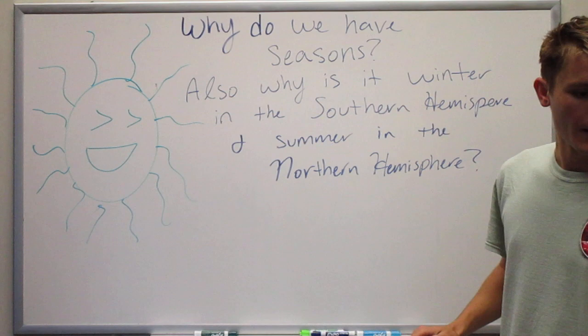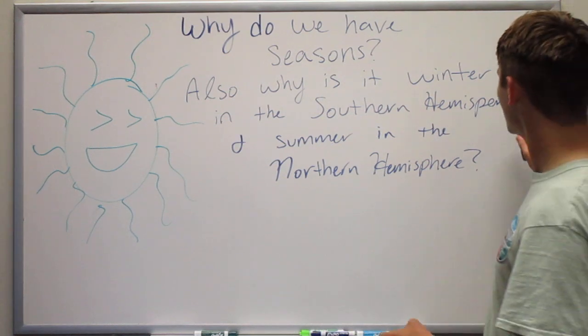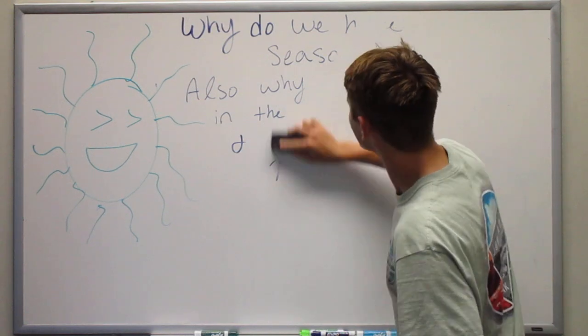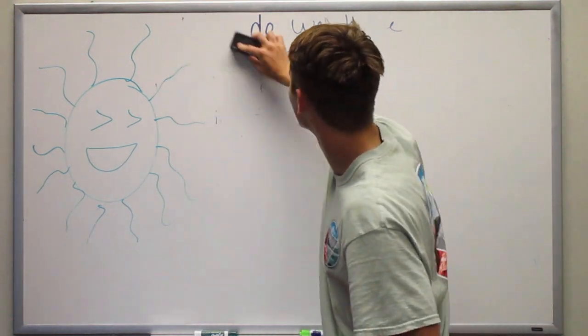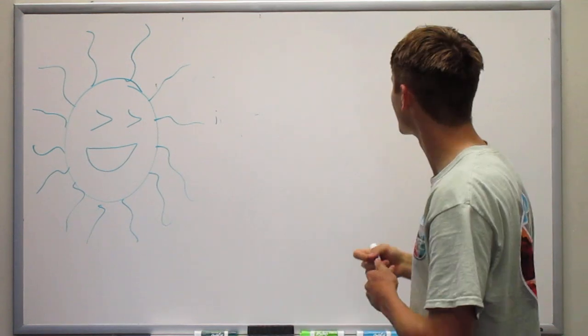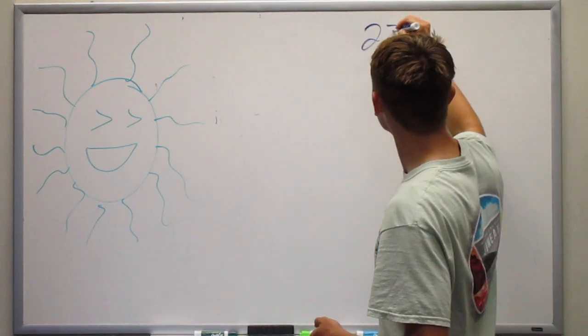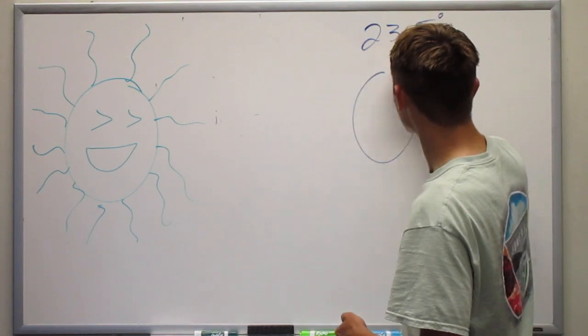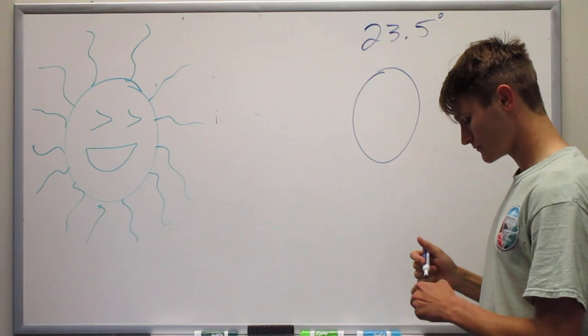So the tilt of the Earth, which I'm sure you guys heard of before, may not remember, I needed a reminder, is at 23.5 degrees. So the Earth is not just a circle, flat.